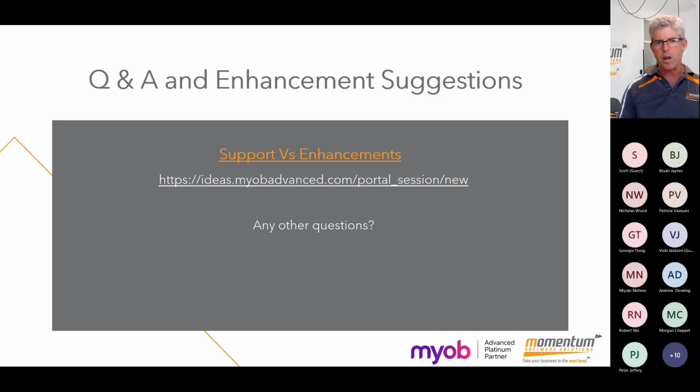And the way that works is ideas are then voted on by all partners in the channel. And the ideas that have the most votes are usually what's looked at to happen in the short term. That's all I have. I'll just pause, and if there's any further questions, feel free to fire away.